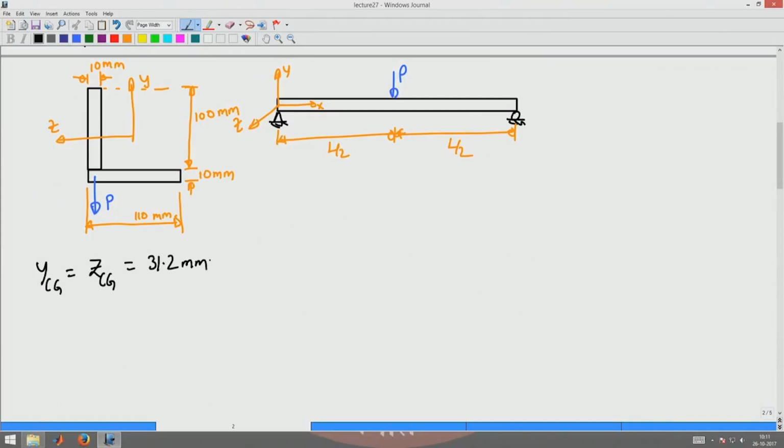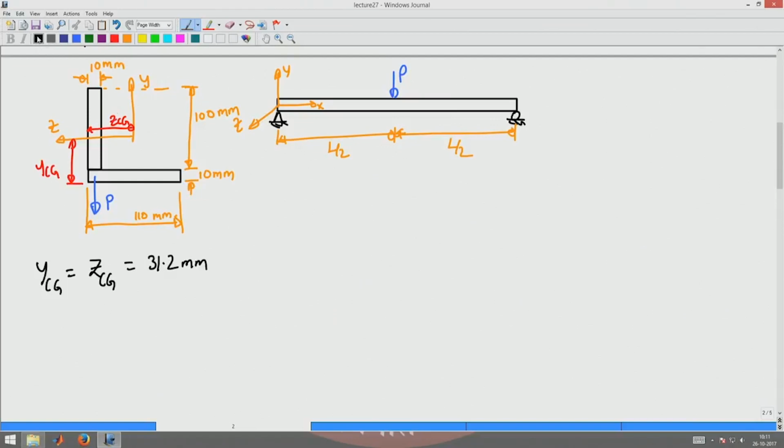That is, this distance is YCG and this distance is ZCG. Both of them are 31.2 mm.